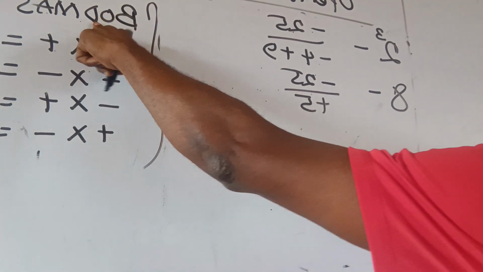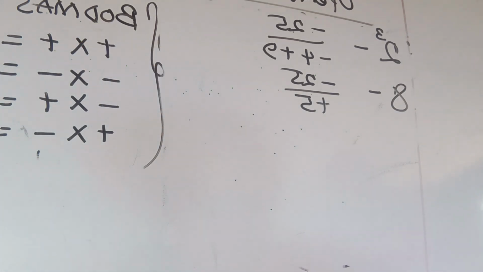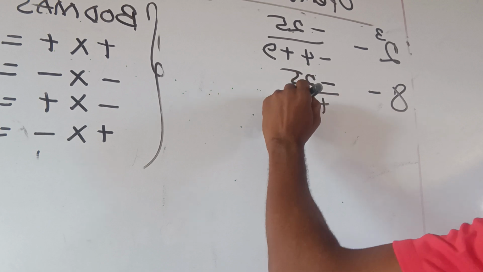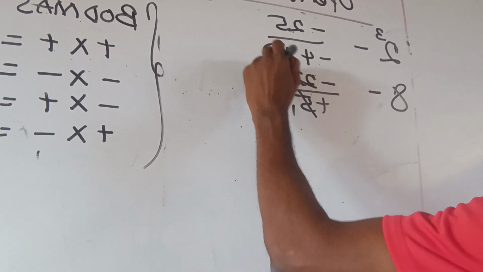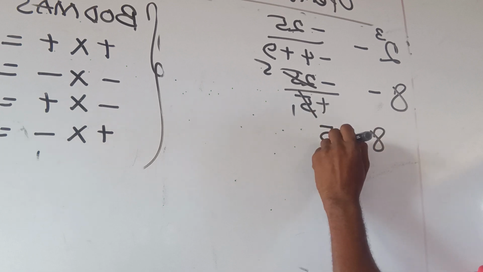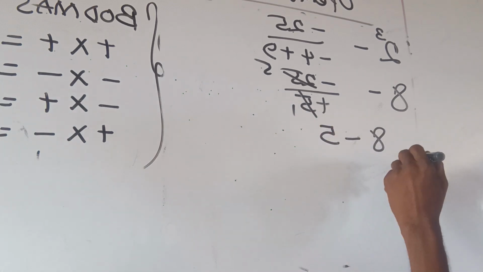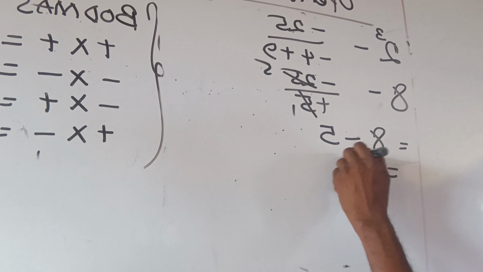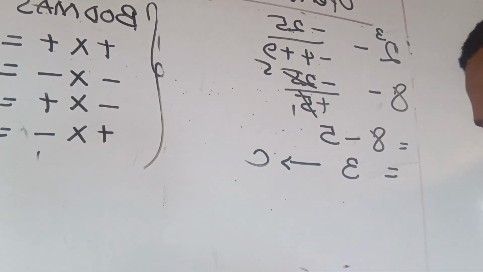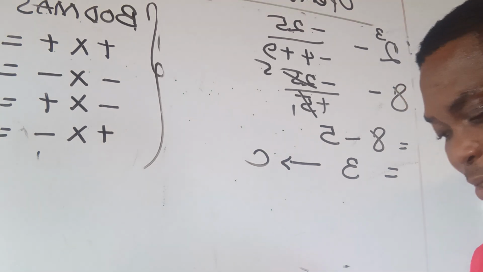Division comes from our BODMAS. So minus 25 over 5 is minus 5, and I'm going to have 8 minus 5. 8 minus 5 is 3. That is option C. Option C is the correct answer there.